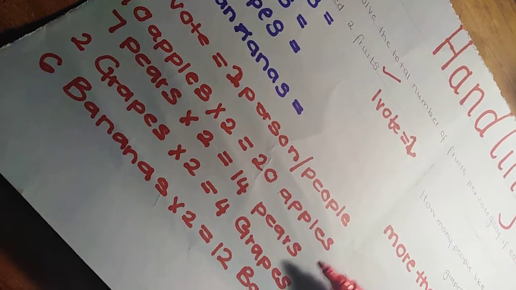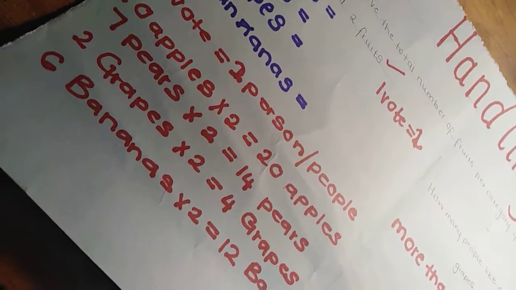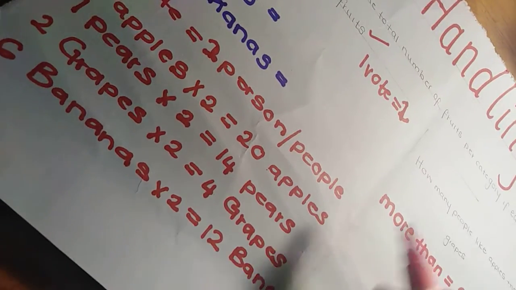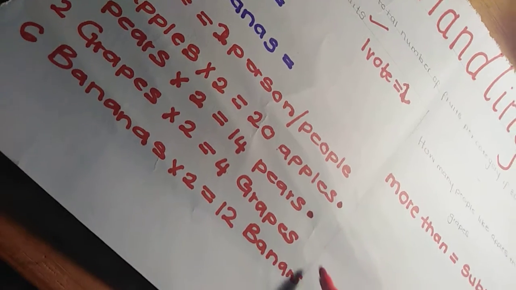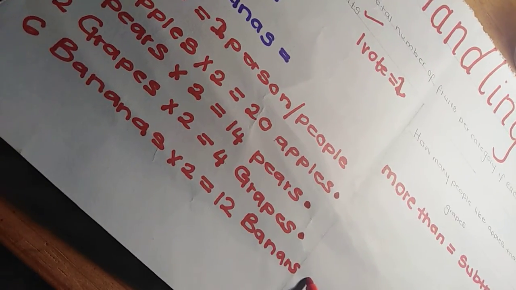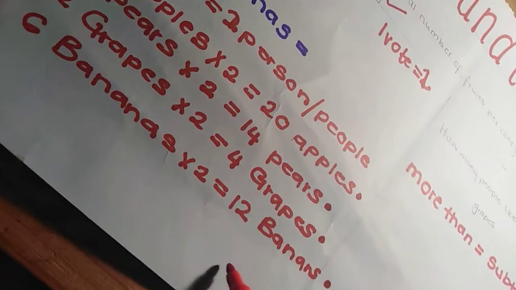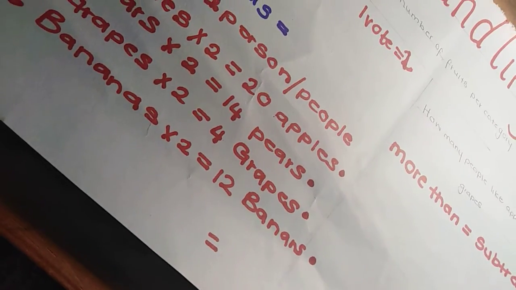So that's going to be your answer. But if they wanted the total number of the whole data itself, what you would have done is add 20 apples plus 14 pears plus 4 grapes plus 12 bananas. Then it would have given you a new total number.